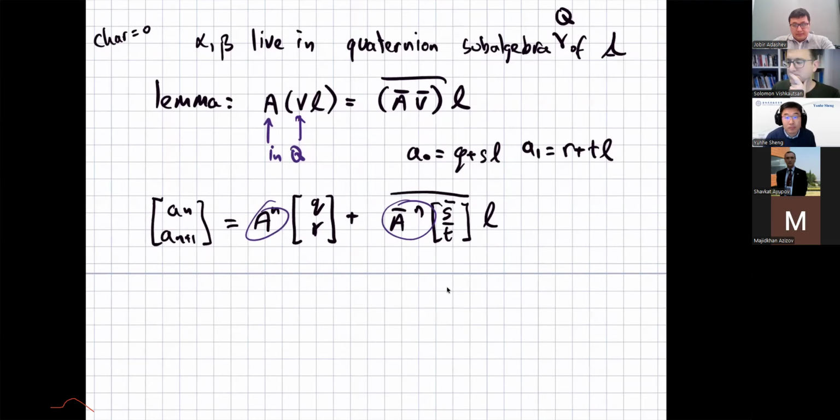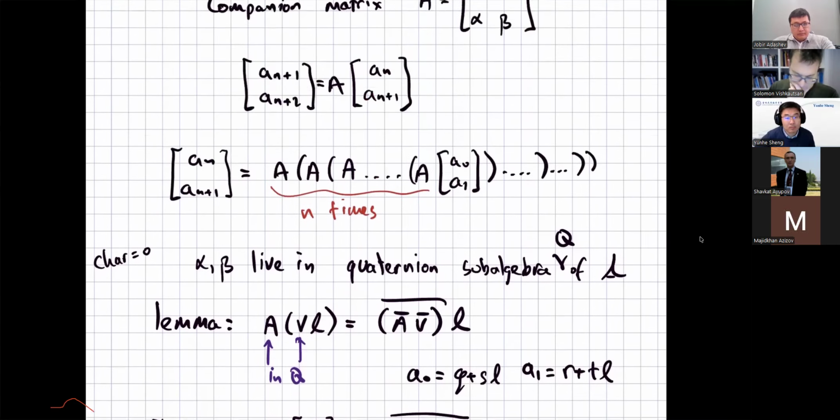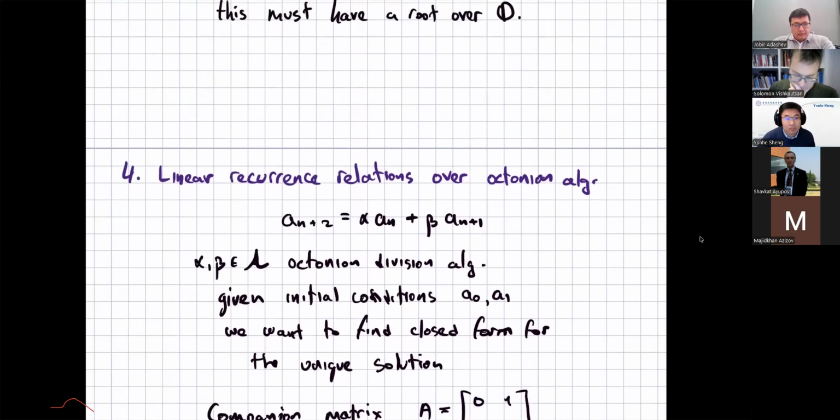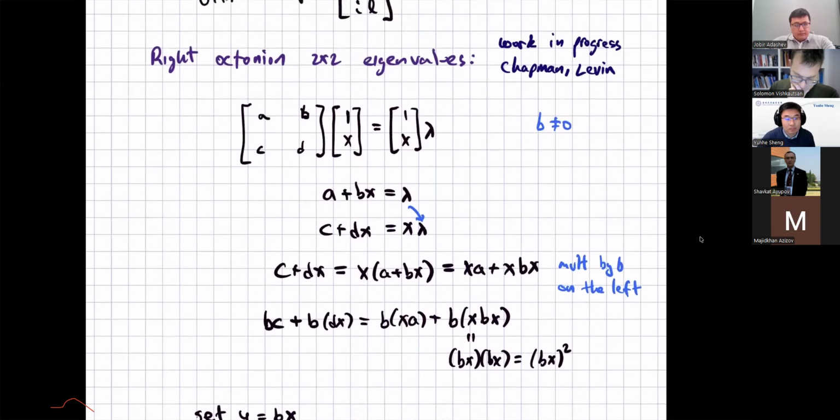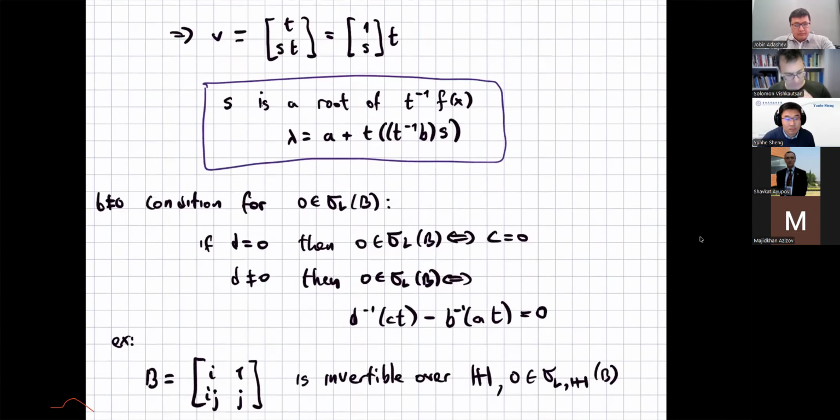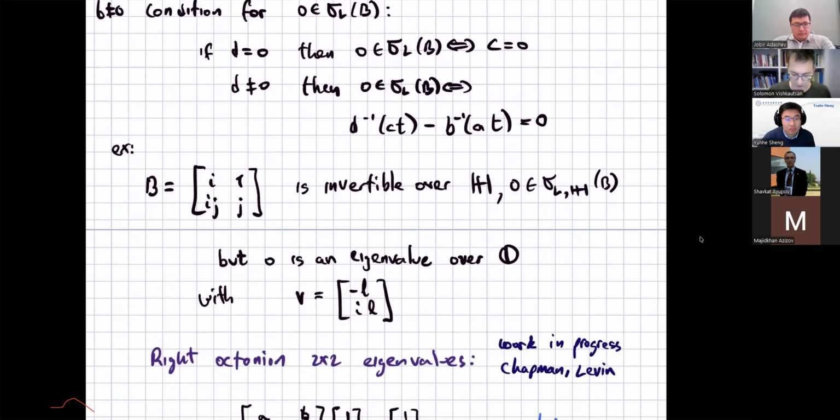Can I ask something? Yes. Could you explain the invertibility of this example, which you showed in the middle of the talk? It was matrix B, I think. This one, yes, this one, B. So this matrix has an inverse. Basically, you can compute it directly.